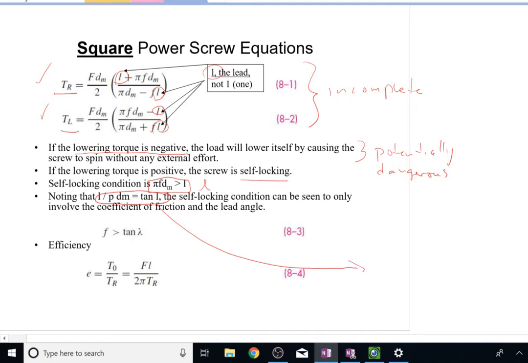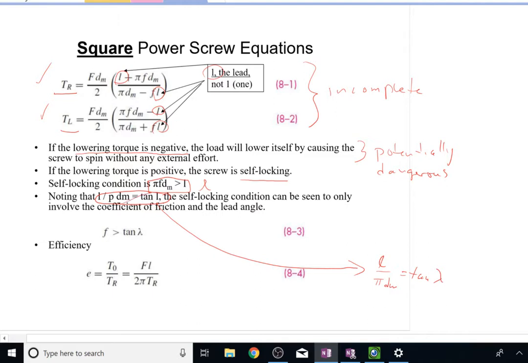It should actually read L over pi d sub m equals tangent lambda.